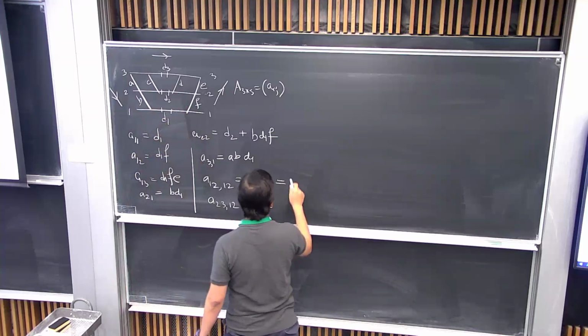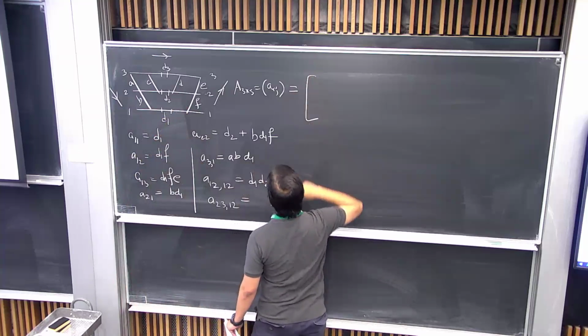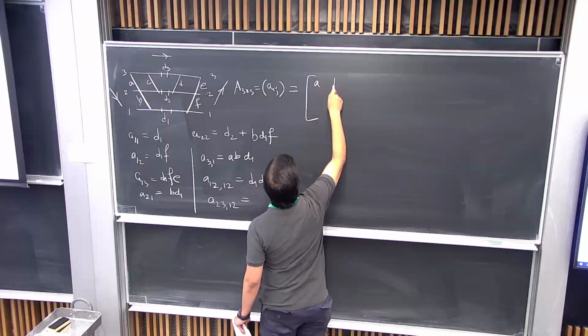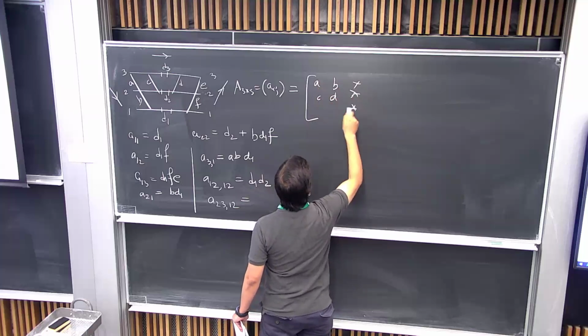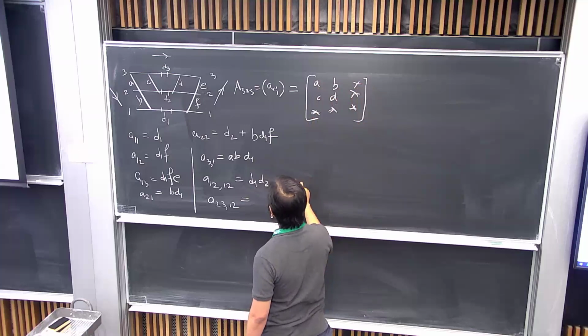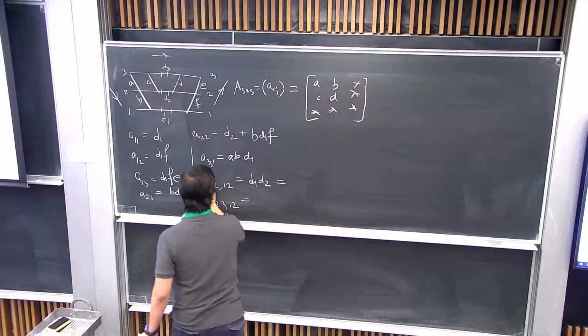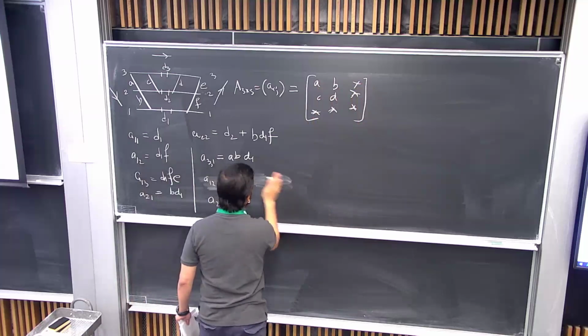And this is equal to, so let's say this matrix is A, B, C, D, whatever. What do I mean by this?